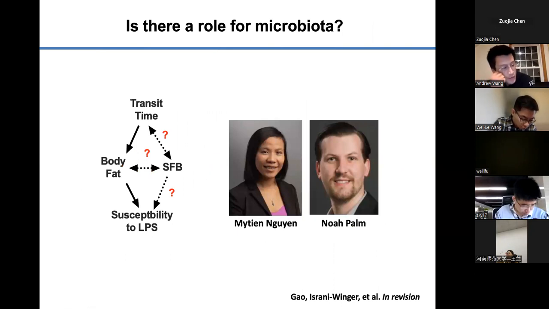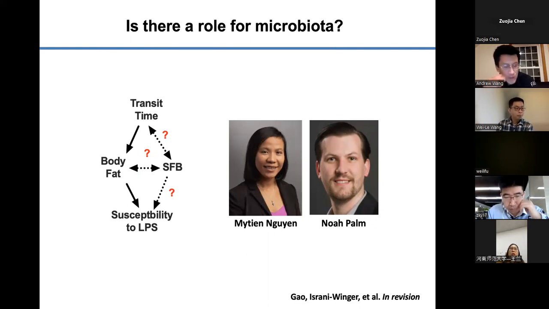And so now at this point, we were thinking, we have this observation that differences in transit time could lead to differences in body fat composition, which seemed to lead to a different kind of disease after the animal got LPS.